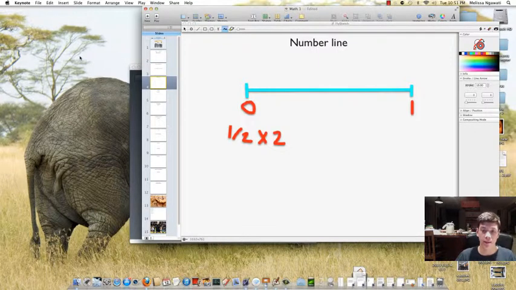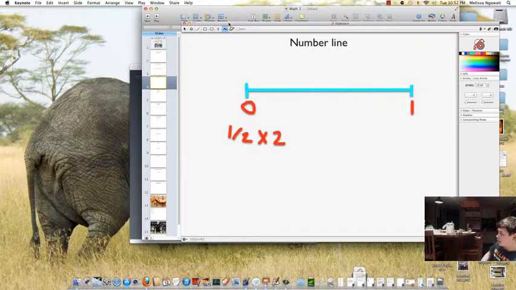The number line. The number line is a great way of showing your work in much of the homework for Unit 3.1. Imagine this banana as a number line. Our first question is 1/2 times 2.